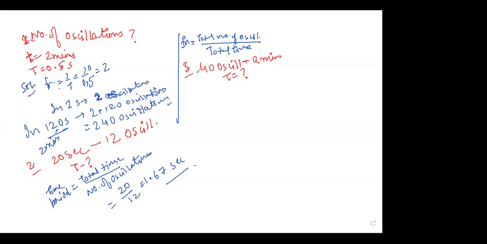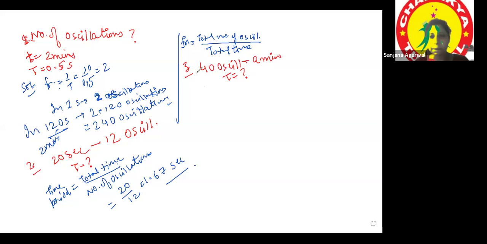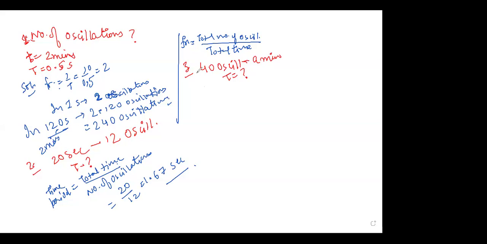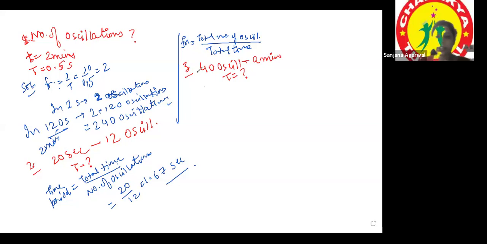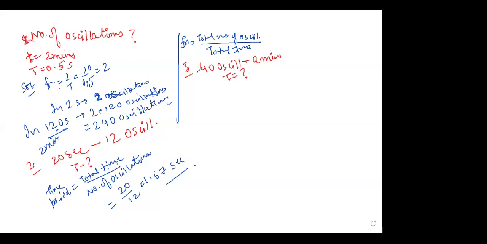Ma'am, 0.15. Ma'am, is it 3? Ma'am, is it 3 minutes, 40 seconds, oscillations? Okay, let other students also find out. Everybody, please tell. Ma'am, shouldn't we convert the minute into seconds?